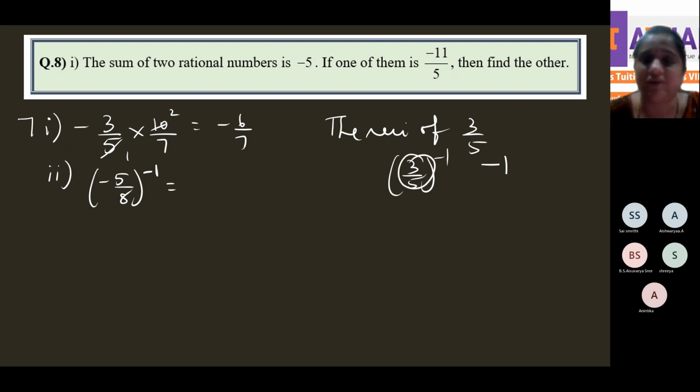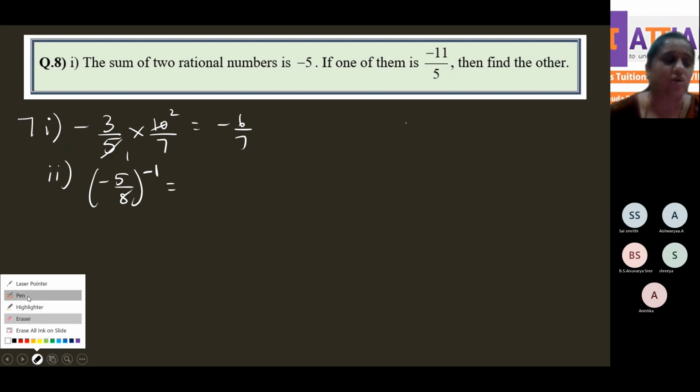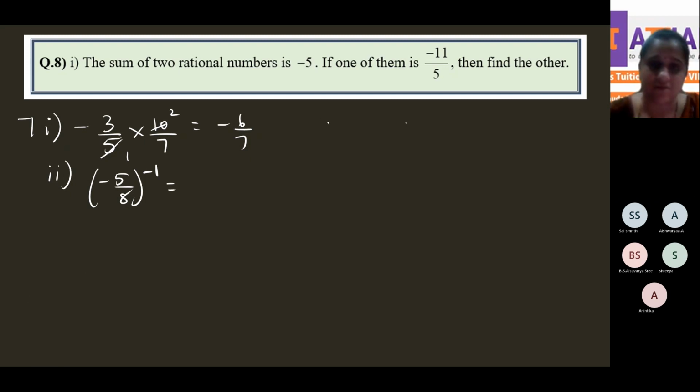The power minus 1 indicates, write the reciprocal of the base. Let me tell you that again. When the power is minus 1, it indicates that we have to write the reciprocal of the base. That's a symbolic way of writing the reciprocal of a number.